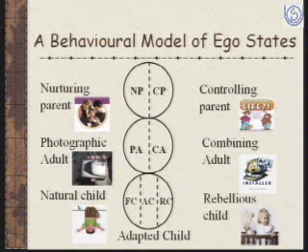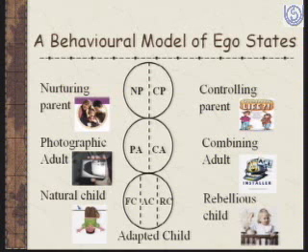We will just start with the first circle, which is on the top. That is the parent ego state. In that you would see the nurturing parent as well as the controlling parent.